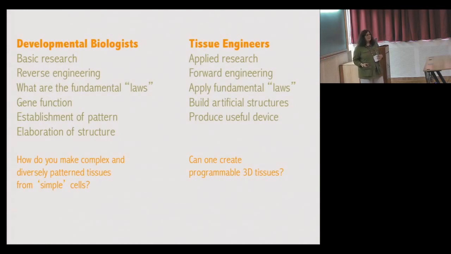So morphogenesis is something that us biologists are interested in because we're interested in asking how you make complex and diversely patterned tissues from simple cells. And we're interested in this because it's fascinating by itself, and we want to try and ask how structures are built inside an animal, whether there are any fundamental laws that the parts that make up the animal follow in building these structures.